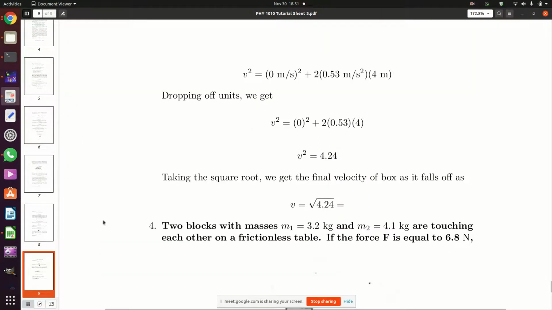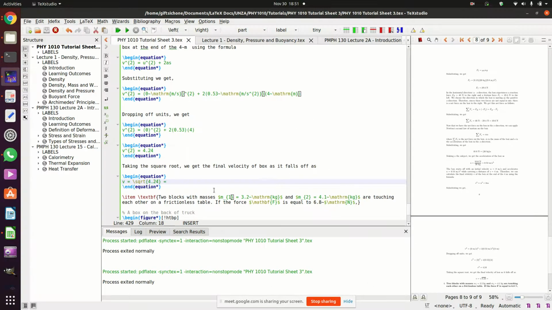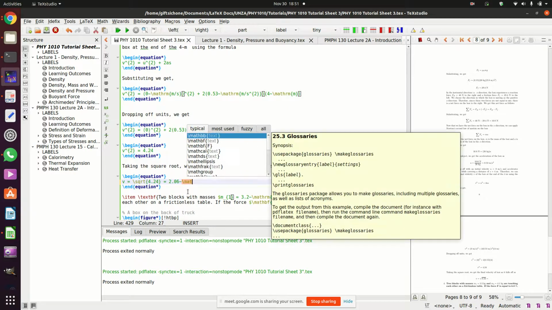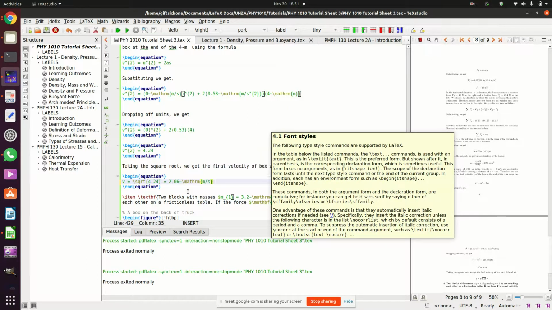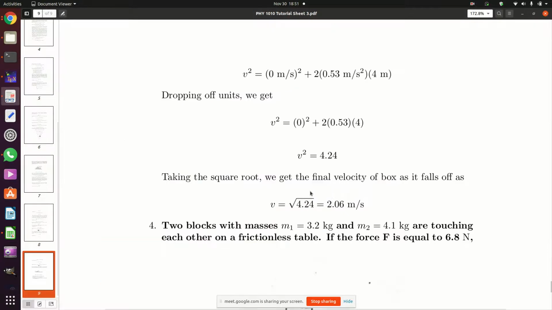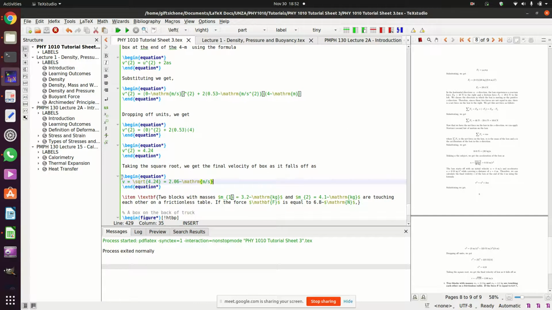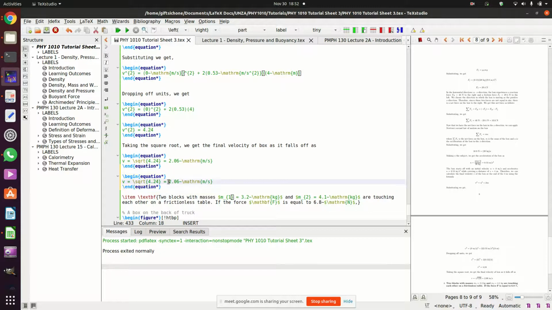The square root of 4.24 is 2.06. So we have that. So that will be the final velocity of the box as it falls off.